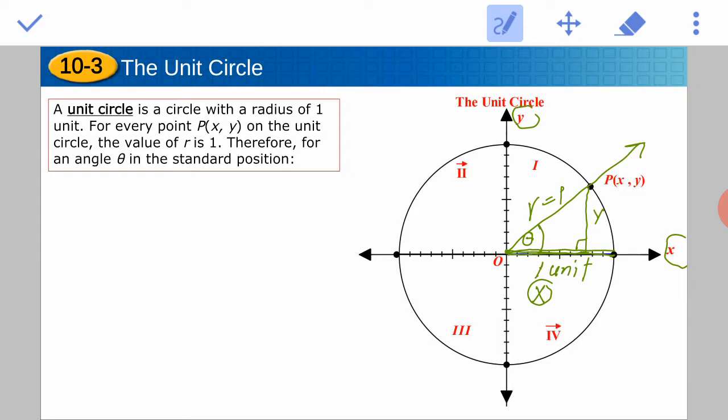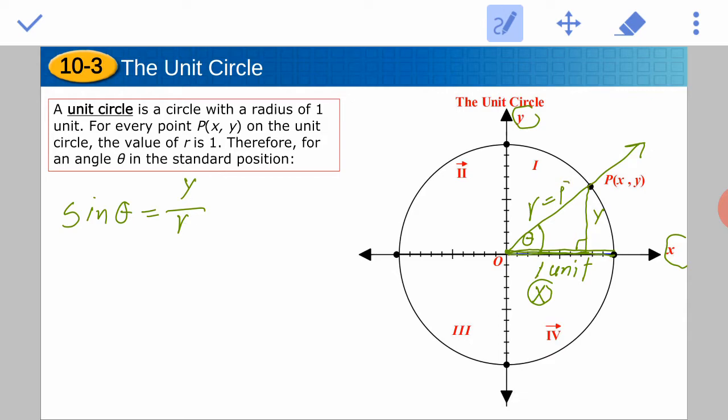It's a unit circle. We choose the radius of this circle at the beginning to be 1 unit. If you apply the trigonometric ratios of sine, cosine, and tan, sine theta is equal to the opposite y over the hypotenuse r, the radius of the circle.